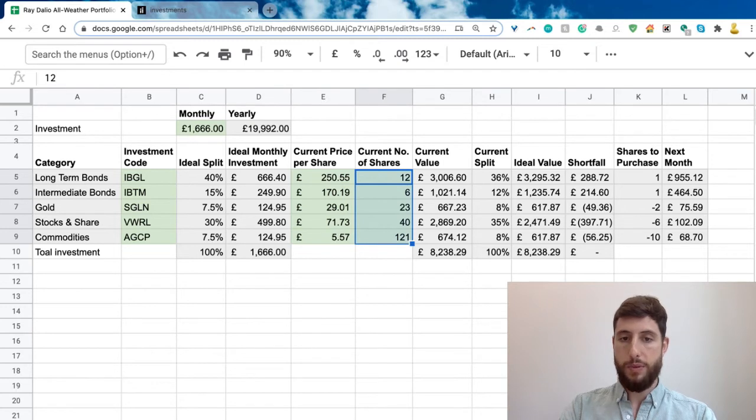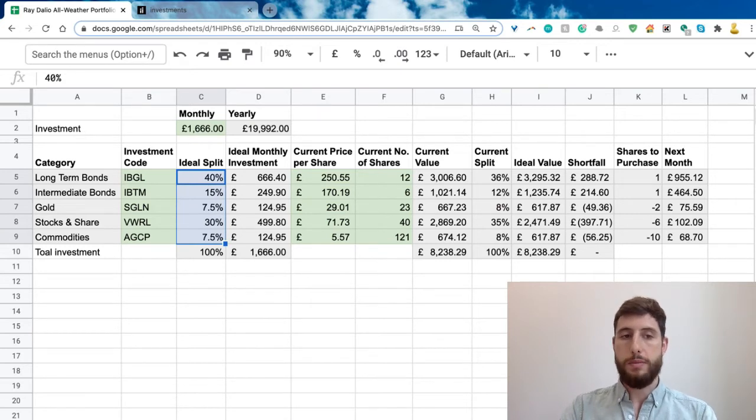The number of shares that we've now got is this. This is what we're invested in. Now what do we do? Well, we can see that the current split is this. We want it to be this. And so we want to change the setup so that this becomes closer to that.